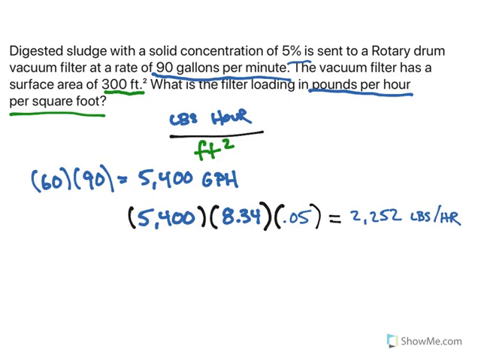And now to finish the problem, we're going to divide 2,252 pounds per hour by 300 square feet, the surface area of the vacuum filter, which we were given.